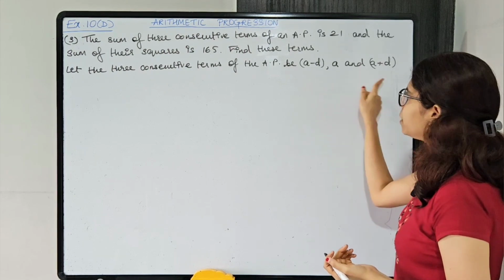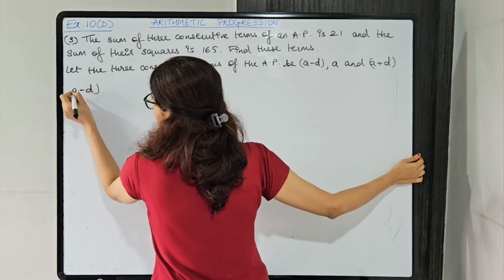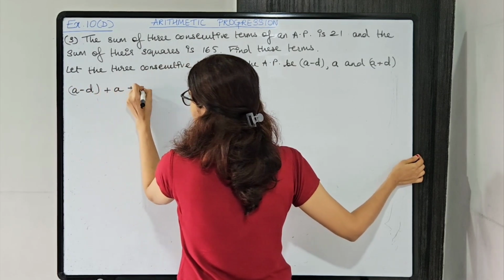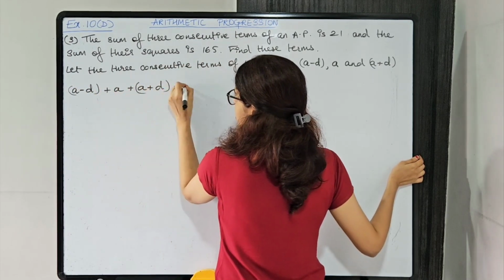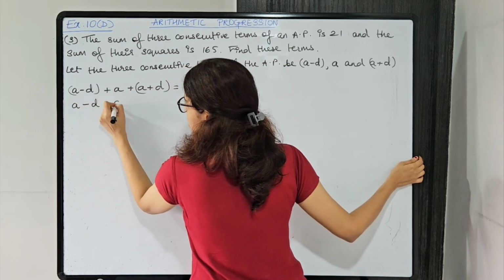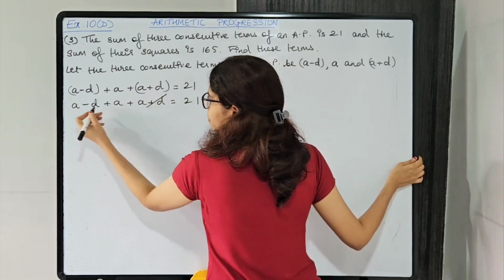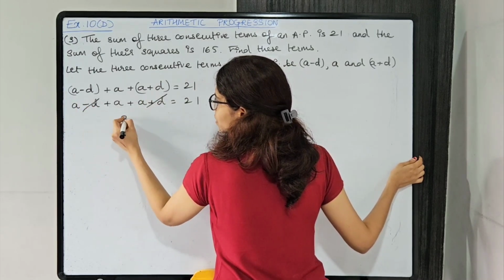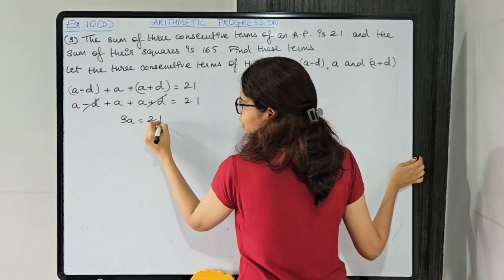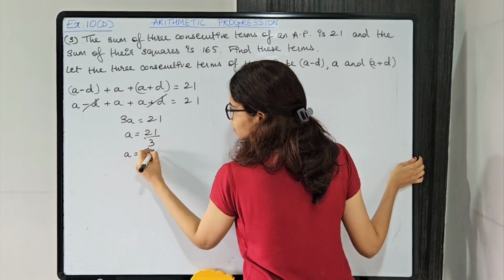So add the 3 terms, it is equal to 21. A minus D plus A plus D is 21. The D minus D cancels, so this will give 3A is equal to 21. So A will be 21 by 3, that is 7.